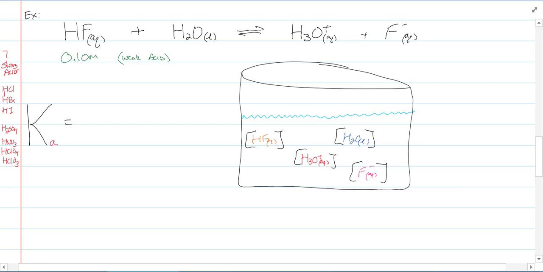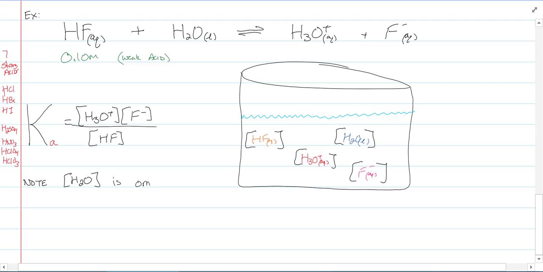Okay, go back to this example. Products: hydronium, H3O+, fluoride, F-, all over HF. Note, water is omitted. I put H3O down, how about H2O? Water is omitted.